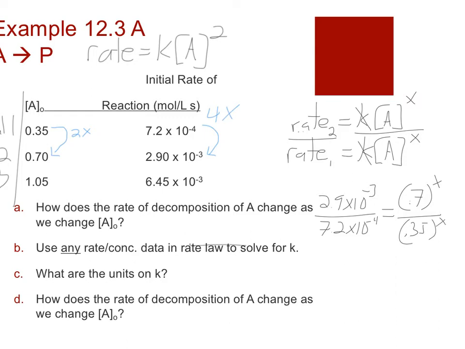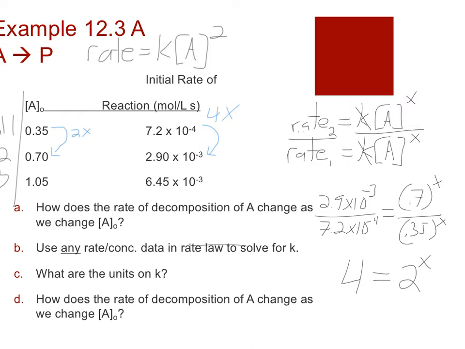And if we simplify that, we have 4 equals 2 to the x power. Well, clearly x is 2. So this is an important way to look at this algebraically.